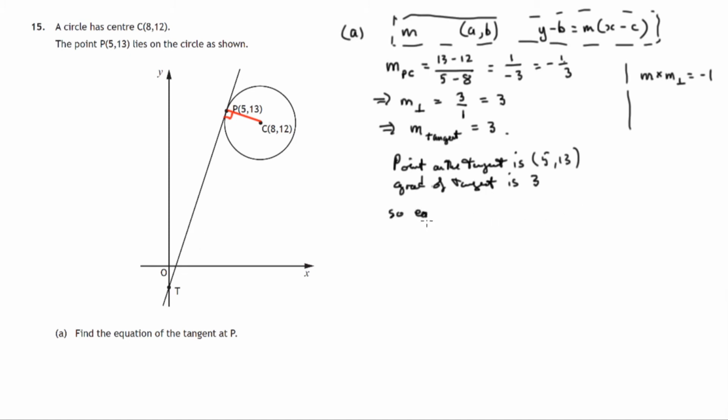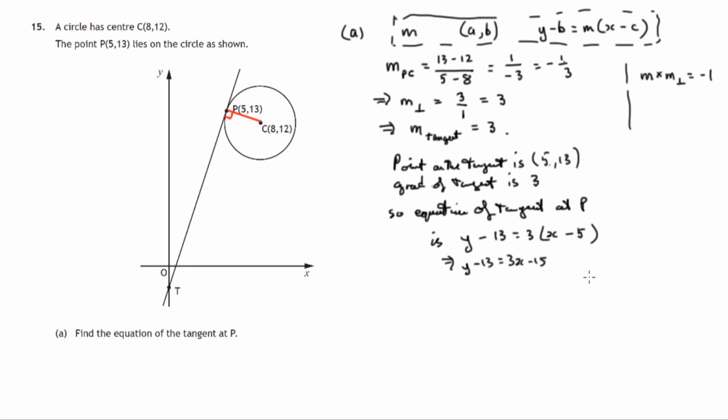So the equation of the tangent at P is y minus b, that's y minus 13, equals m, gradient 3, times x minus a, which is 5, so 3(x minus 5). So let's tidy this up. y minus 13 equals 3x minus 15 when we get rid of the brackets.